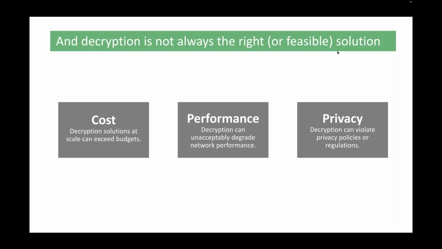I mean, some of the things that we can talk about here, the cost. For anybody that has looked at decryption or indeed has purchased decryption, you will know that those solutions are extremely expensive. They have to be extraordinarily fast and extraordinarily powerful to be able to do what they do. So they often are very expensive. The performance can be frustrating because that decryption takes a lot of compute power.